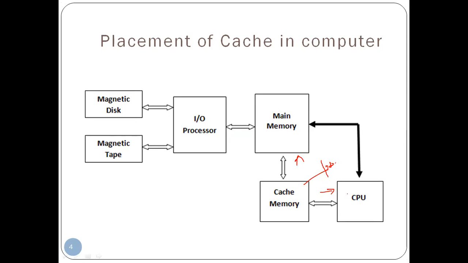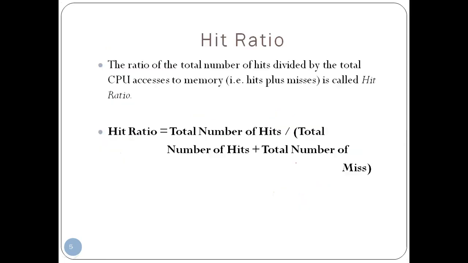If the CPU wants anything, first it will go to the cache. If that instruction is there, we call it a hit. Take that instruction and do the operation. And if that instruction was not present, we call it a miss. Then the CPU will fetch that particular instruction from the main memory. So this is how the cache is placed in between the CPU and the main memory.